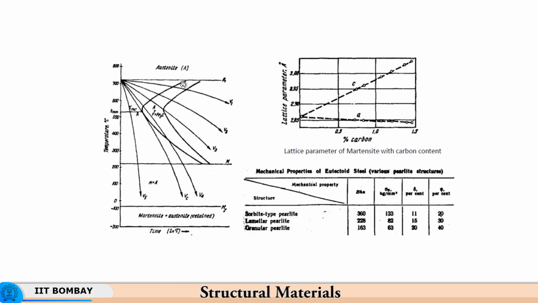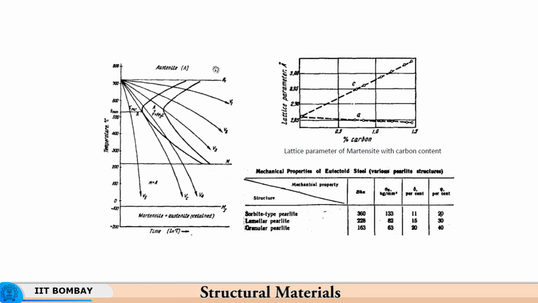Now this outside curve is known as the nose of the temperature time transformation curve. So this axis indicates the temperature, this axis indicates the time and the transformation. These two curves indicate the extent of transformation that has taken place.